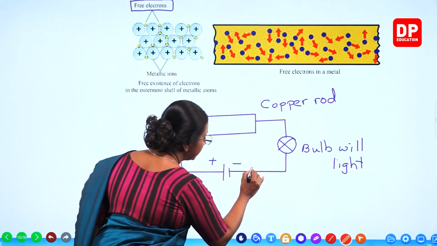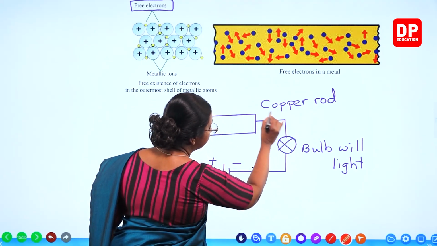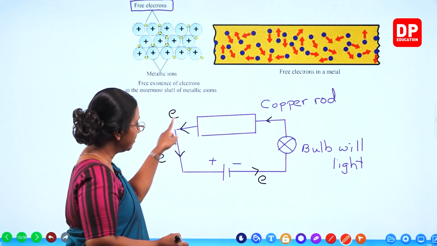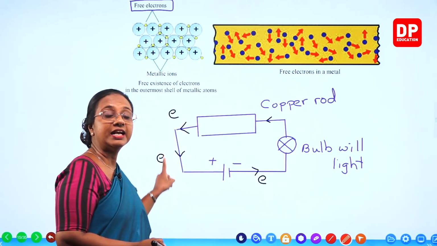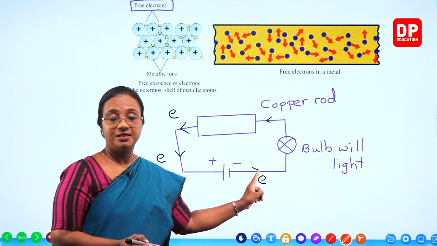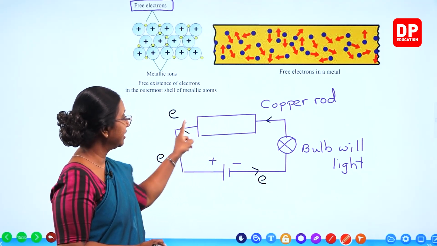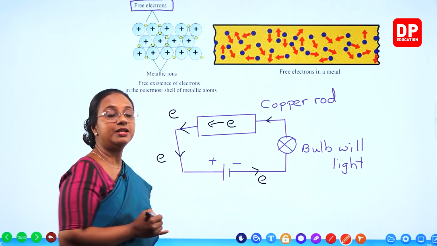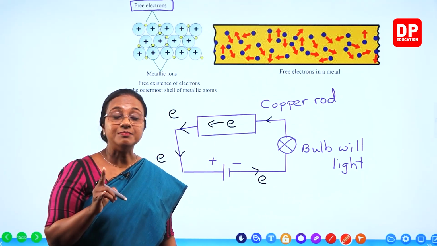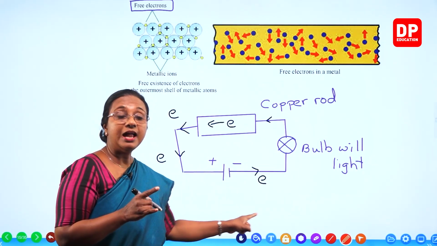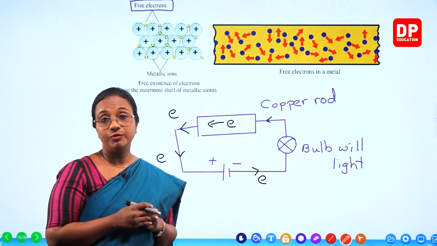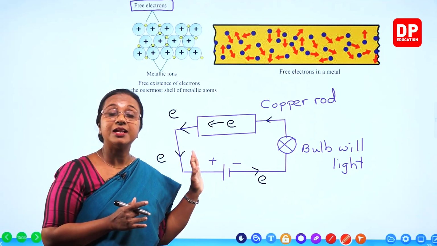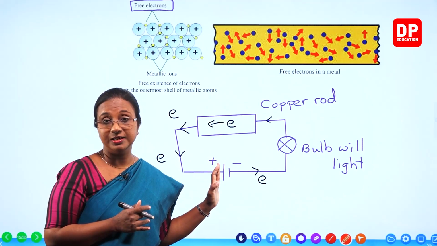From the negative terminal also, electrons will start moving like that. So there will be a flow of negatively charged electrons. And the free electrons that were here will start to move in a particular direction. That means a current is flowing in this. So that is what happens here. Current, electricity is flowing here.